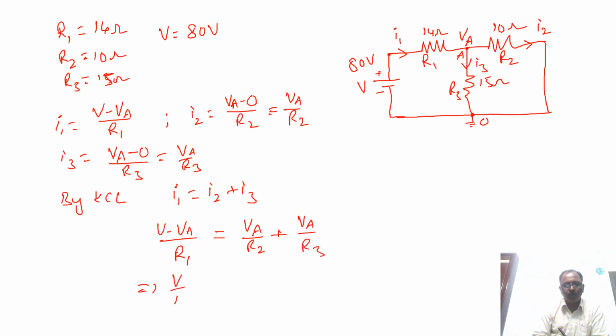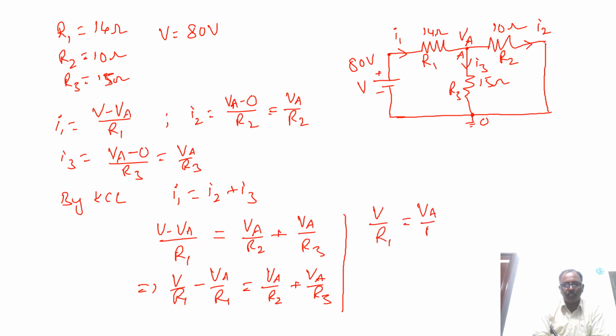Now V by R1 minus VA by R1 equals VA by R2 plus VA by R3. Now I am moving this VA by R1 term to the right hand side, then we get V by R1 equal to VA by R1 plus VA by R2 plus VA by R3.